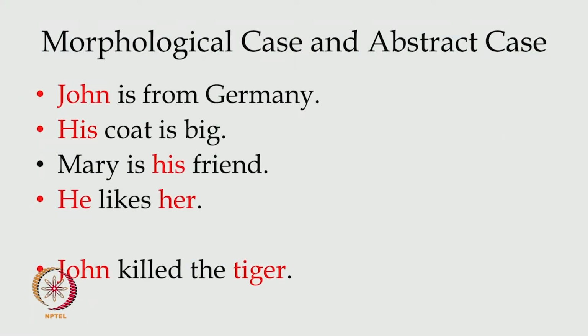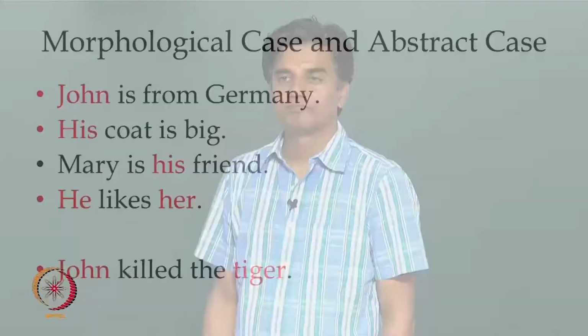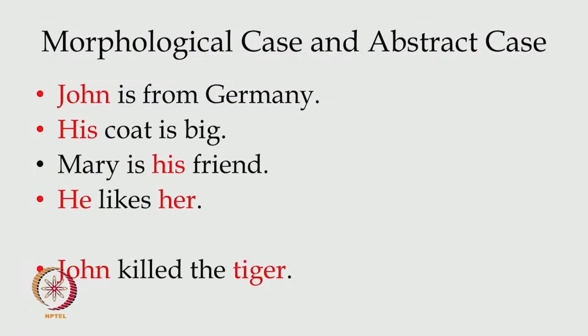the last sentence, I'm trying to use both pronouns in this sentence. He likes her. Now, the pronoun he, and look at the pronoun her. Can we say he likes she? No. Can we say his likes her? None of these things are allowed in English.